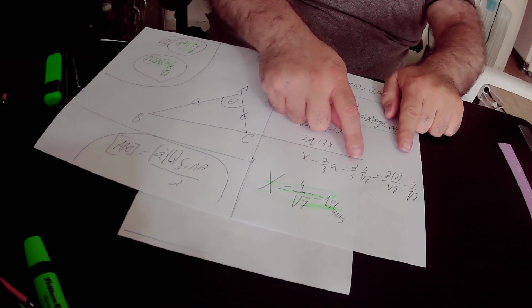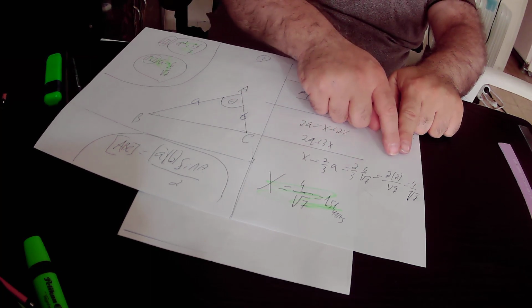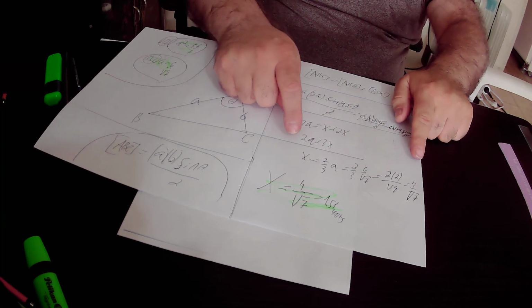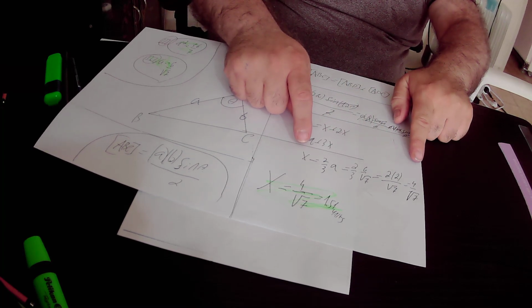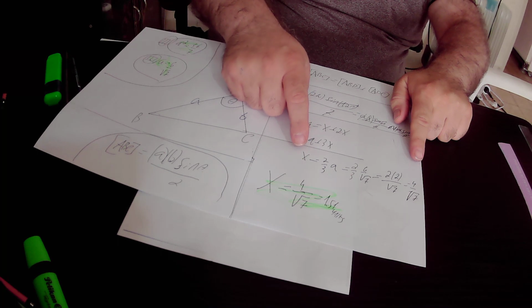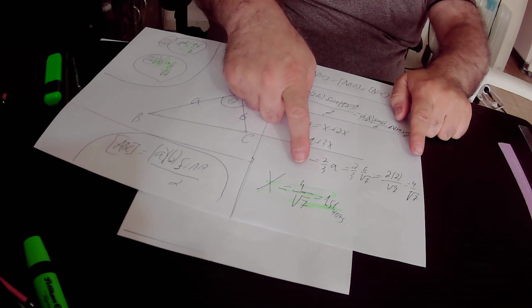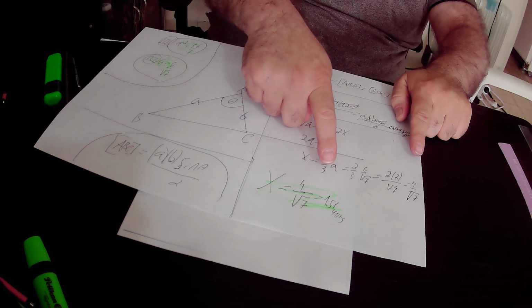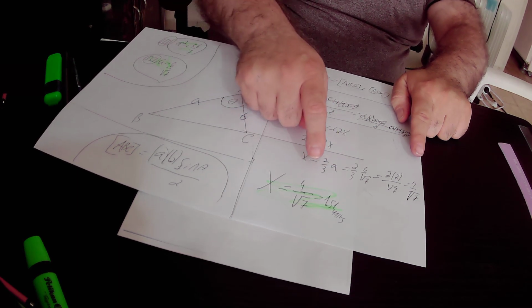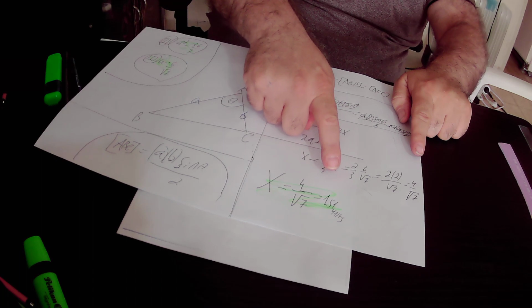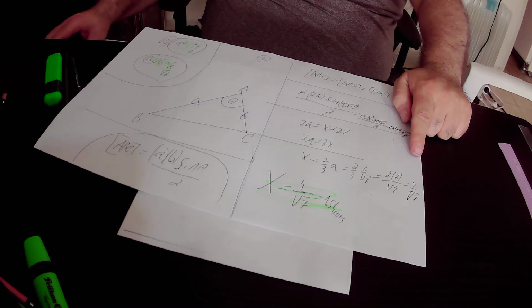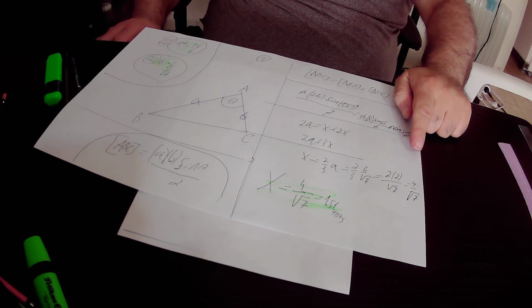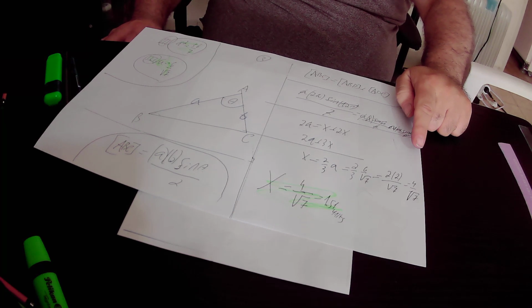Here 6 over 3 is 2, so x equals 2 times 2 over square root of 7 units. That is to say x equals 4 over square root of 7 units, so in terms of numbers it is equal to 1.51 units, exactly as we found in the first method. Okay, thank you very much.